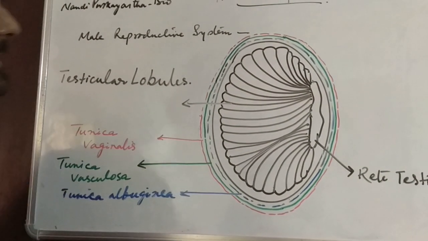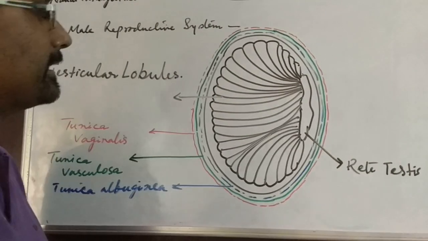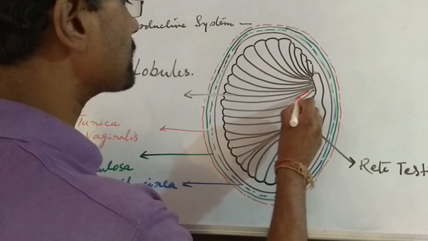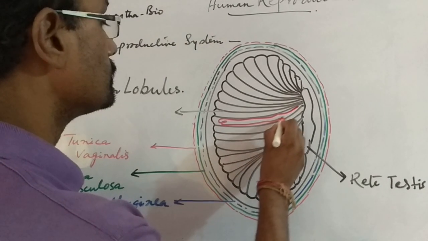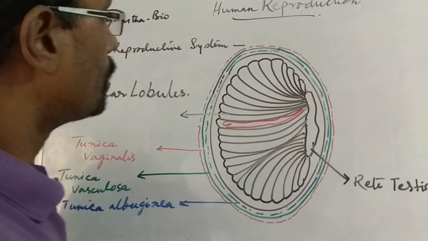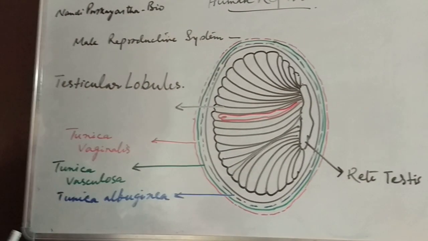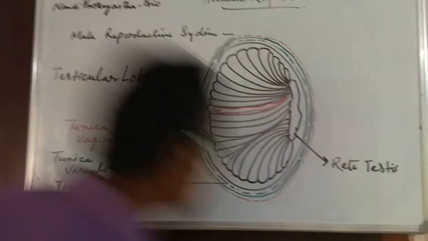Inside the testicular lobules, try to get it now, there is the occurrence of the seminiferous tubule. I am taking one now to make you understand. So inside the testicular lobule is what? Seminiferous tubule. I will be rubbing this part to make you understand.